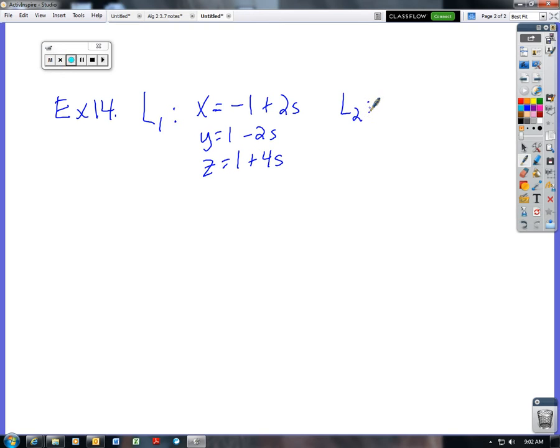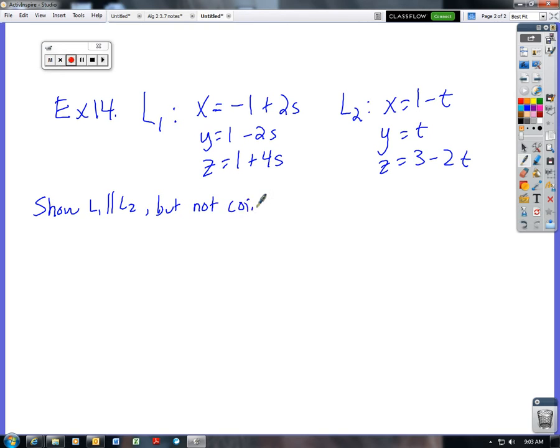Line 2, x equals 1 minus t, y equals t, and z equals 3 minus 2t. And it says show the lines are parallel but not coincident.